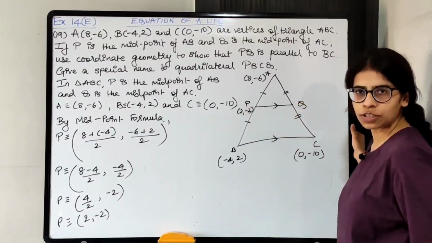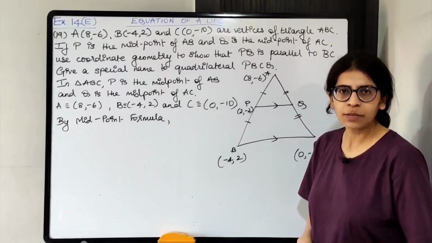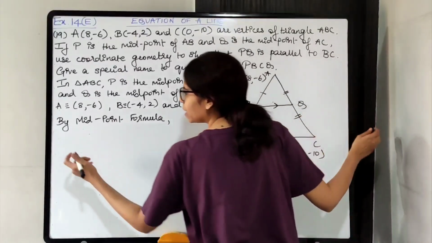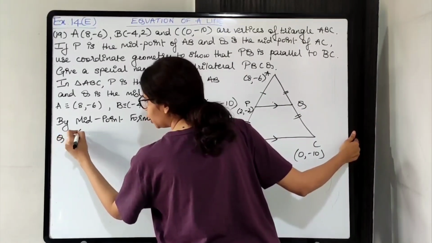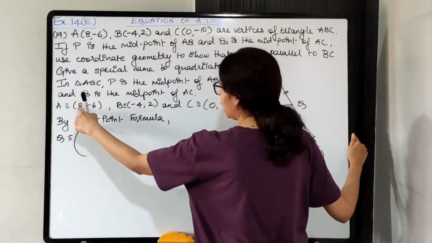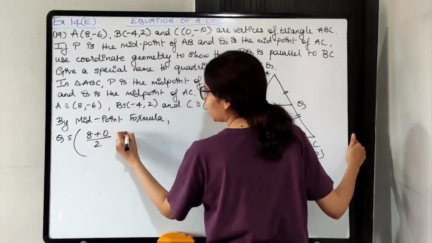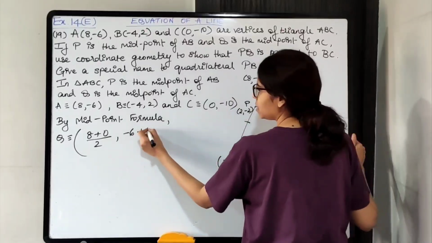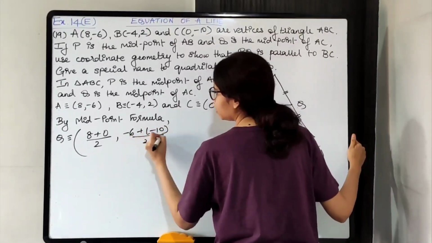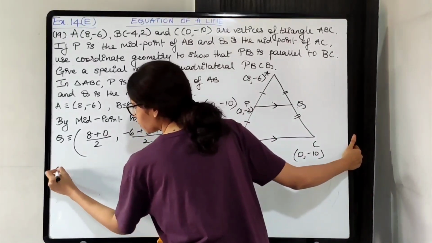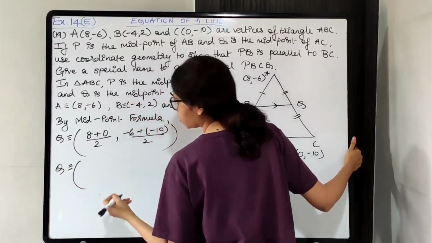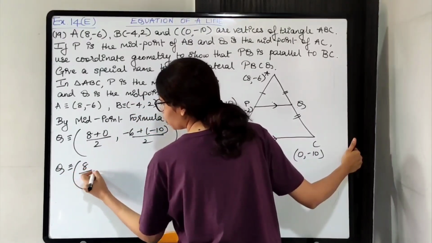Same way we will find the coordinates of Q. Q is the midpoint of AC. So let's find the coordinates of Q now. (8 plus 0) divided by 2, (-6 plus -10) divided by 2. So 8 plus 0, 8 upon 2, that is 4.